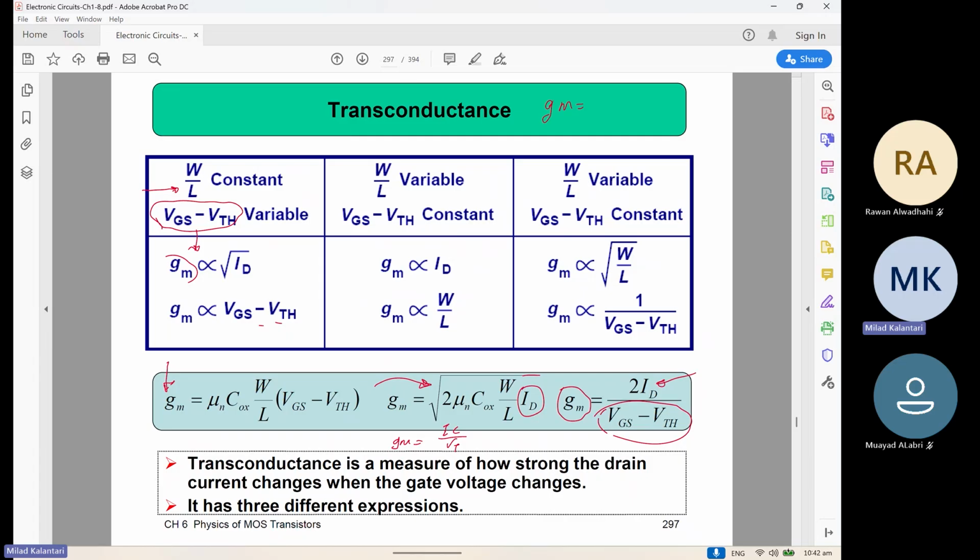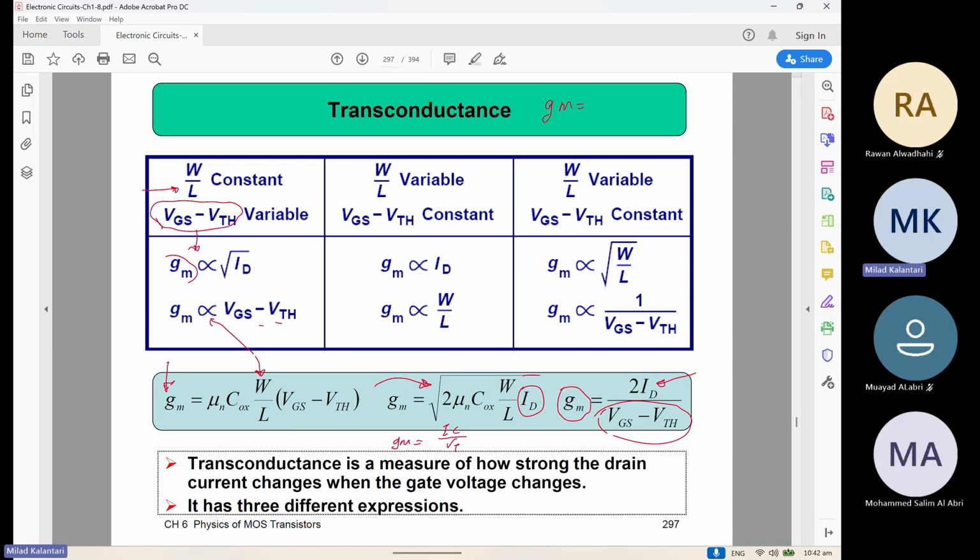Basically, you need to refer to the equations. So this comes from this equation. It says that if you change the VGS minus V threshold, the GM proportionally changes. But this one is coming from this equation, which shows that the GM actually changes with the square root of the ID.